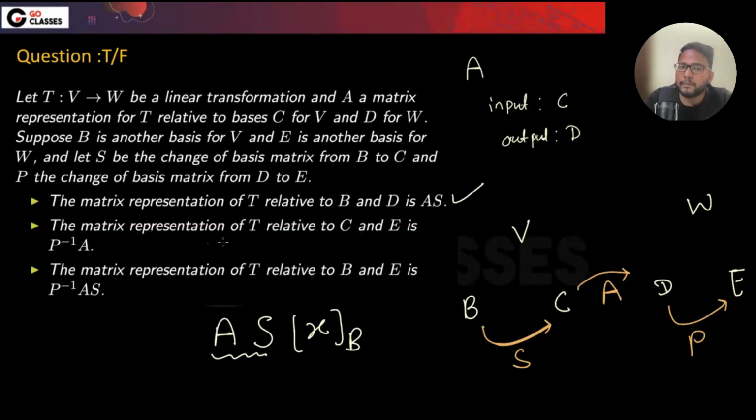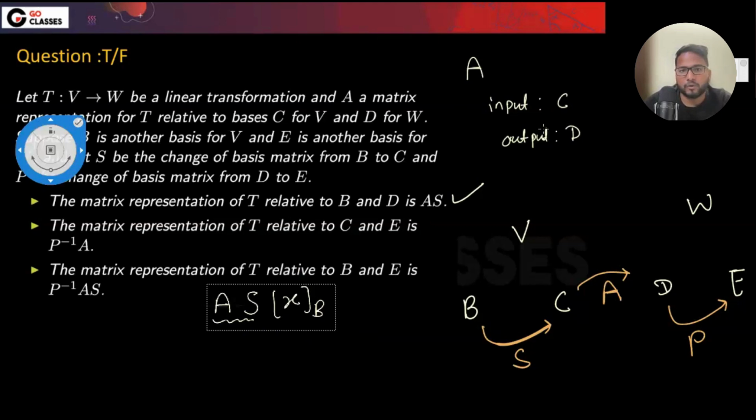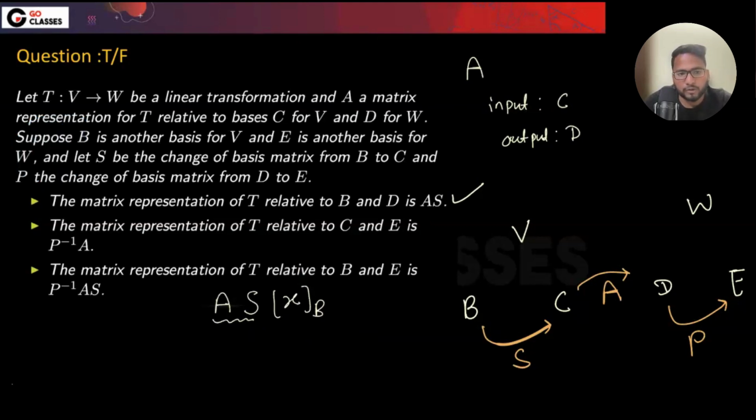The second option is saying the matrix representation of T relative to C and E. From C to E they want to go, right? If the input is in C, that's fine. You can multiply with A. So till now it is fine.